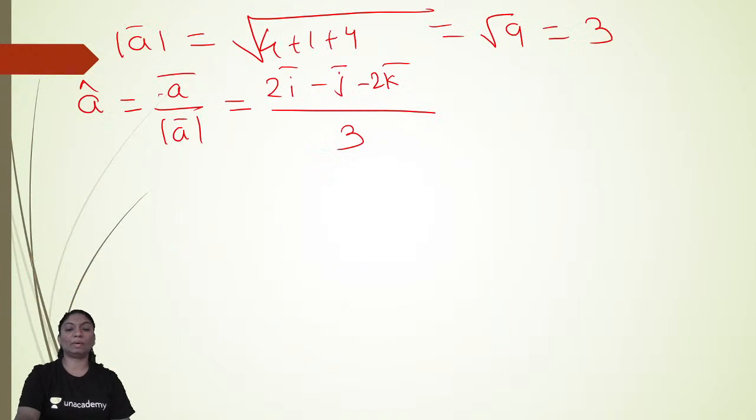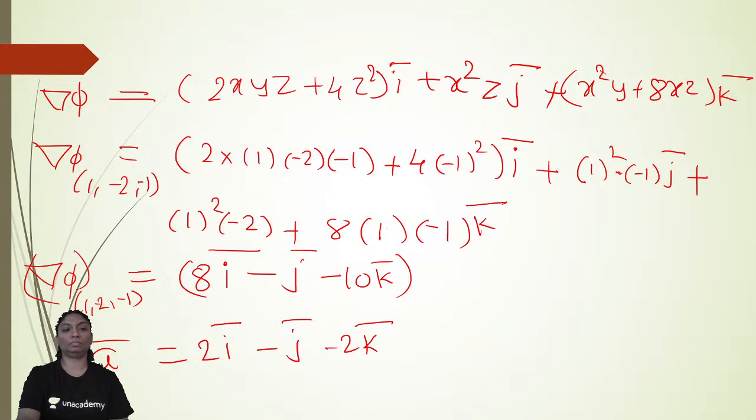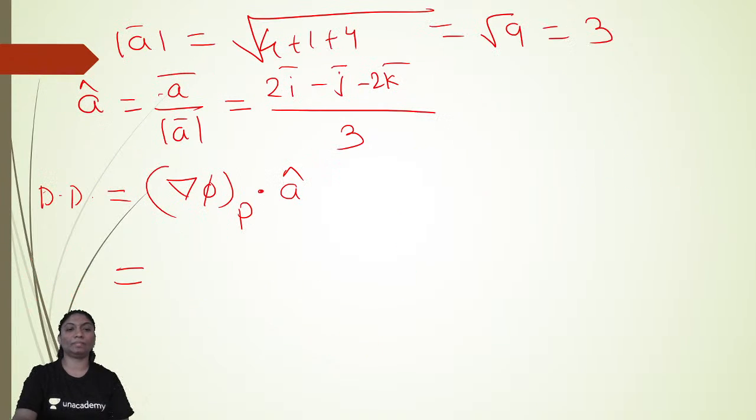So directional derivative is equal to del phi at point P dot a cap. So del phi at point P is 8 i bar minus 2 j bar minus 8 k bar, dot a cap.